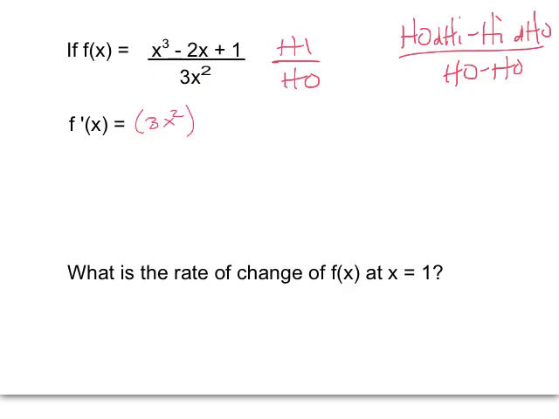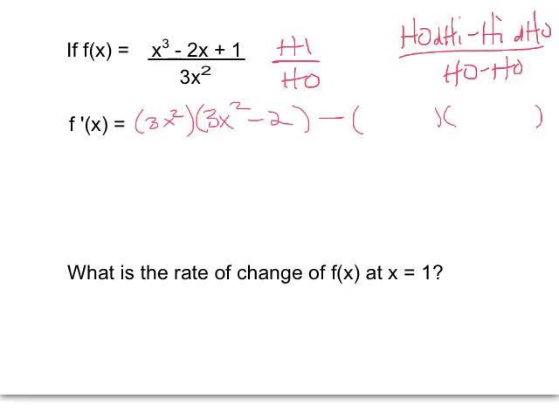And now we write the derivative of the upper function here, the numerator function. The derivative of that guy is going to be 3x squared minus 2. And then we slap a minus sign and put 2 more parentheses because we have to put high all untouched.